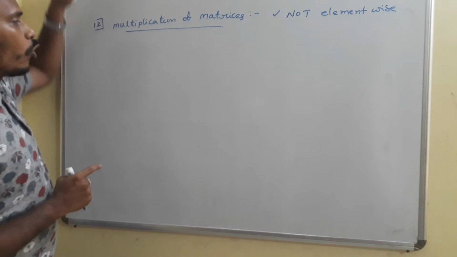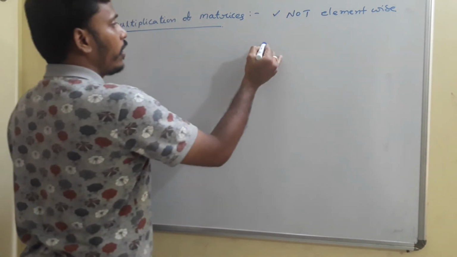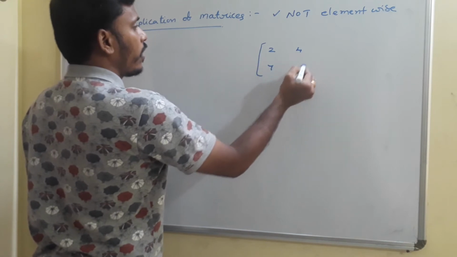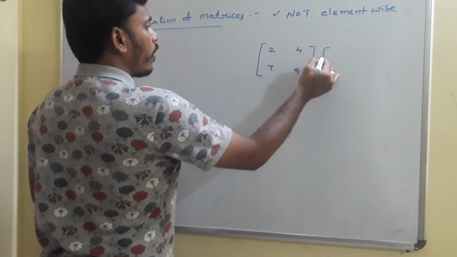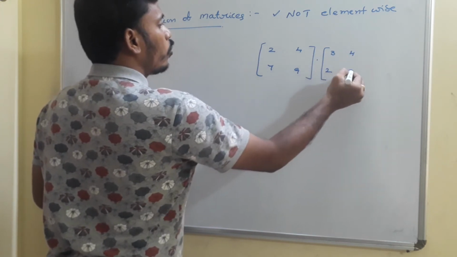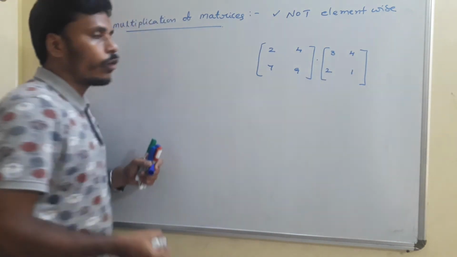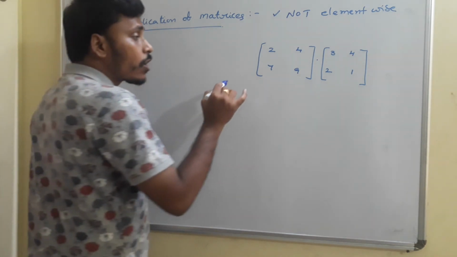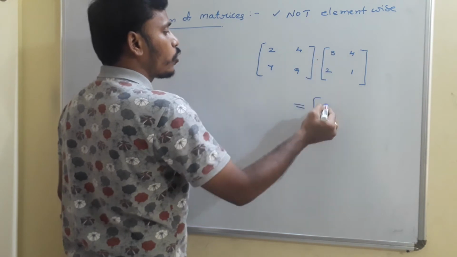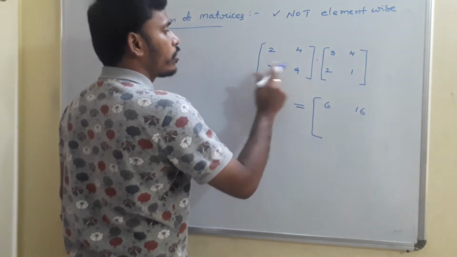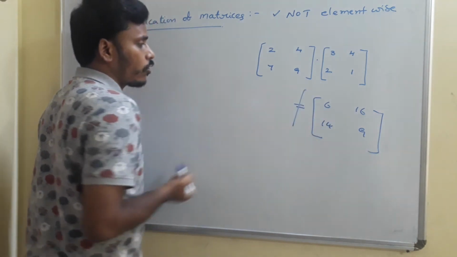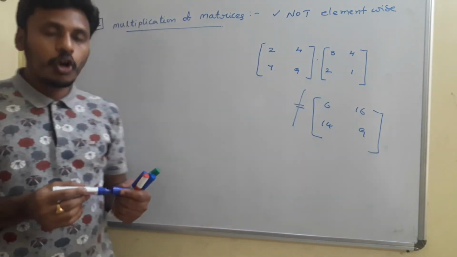For example, if I have 2, 4, 7, 9 and I need to multiply another matrix like this, 3, 4, 2, 1. Since we are going to multiply these two, it is not element wise. You don't write it like this: 2 into 3 is 6, 4 into 4 is 16, 7 twos is 14, 9 ones is 9. This is not correct. Multiplication is not element wise.